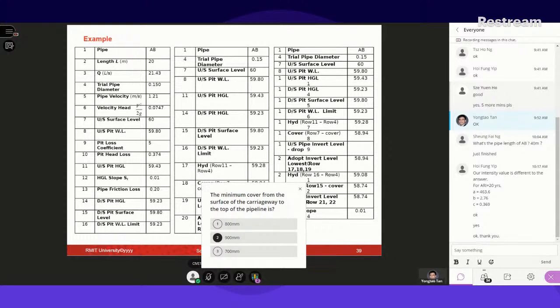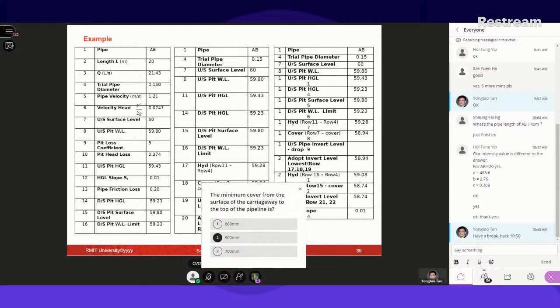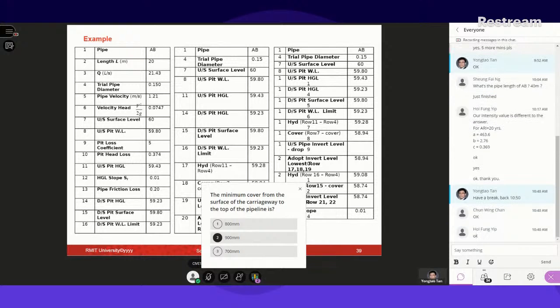Back at 10:50, and at the same time you can finish the poll first.